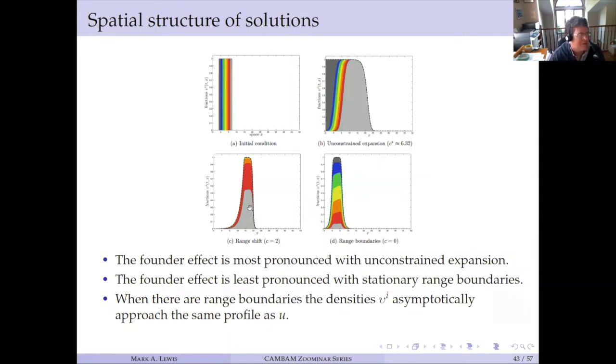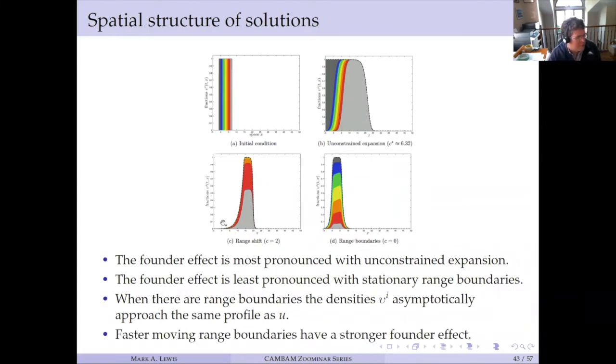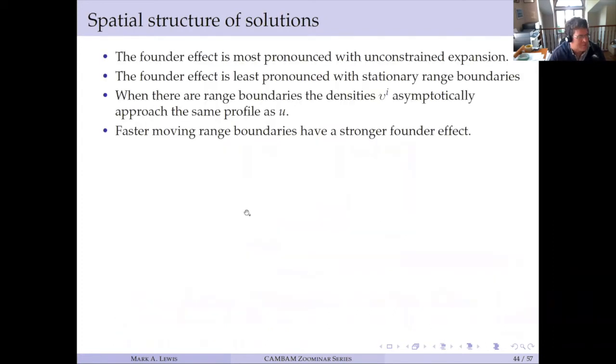Each of these different colors appears to have the same density profile as the total density as time goes to infinity. The numerics show that faster moving range boundaries give a strong founder effect. When the range shift is fast, you see more gray than when it's not so fast. I've just repeated those points again at the top of this slide.